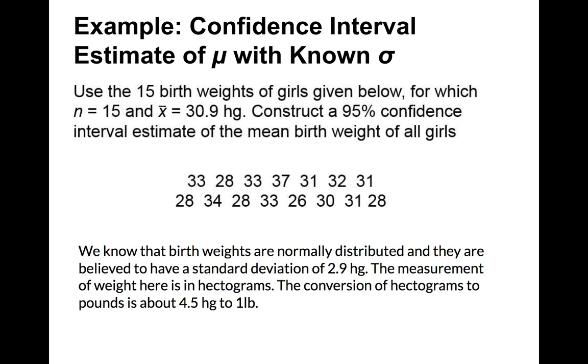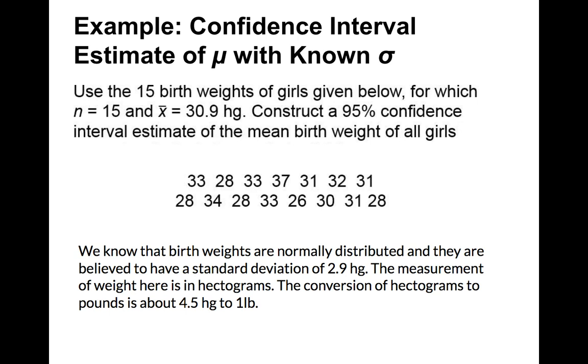So what if we're given some data? Oh no. Well, we can handle this. We'll be all right. So we have these 15 birth weights of girls given below, for which the sample size is 15. The sample mean is 30.9 Hg. Hg is hectograms, that's listed down below. And we want to construct a 95% confidence interval.